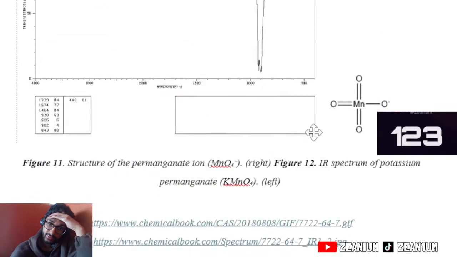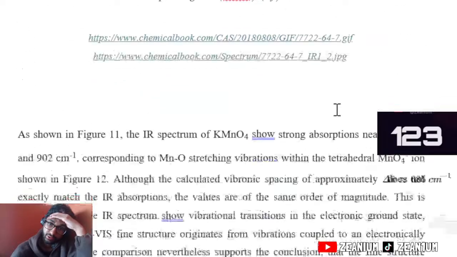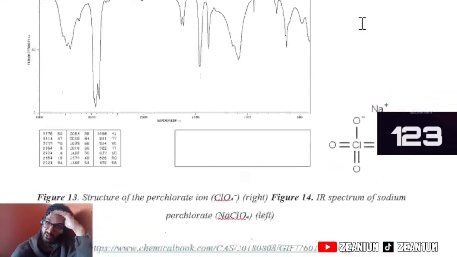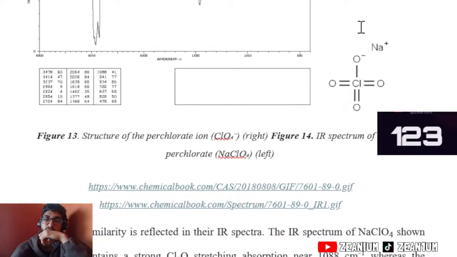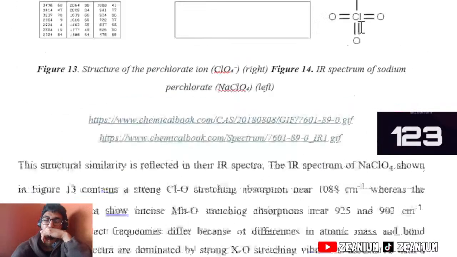And then some reference spectra of permanganate, chloride, and perchlorate, because they basically look the same and have the same molecular geometry. So that was also one of the questions.